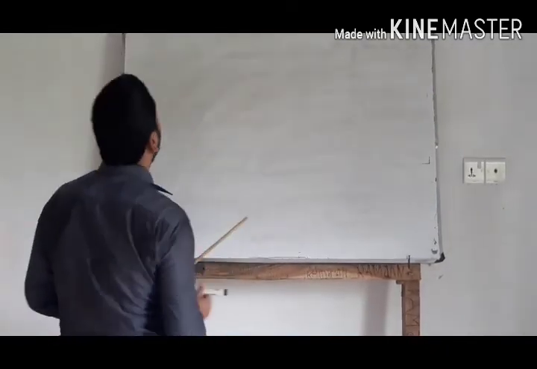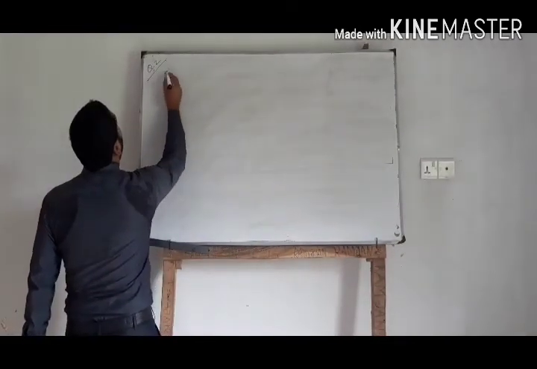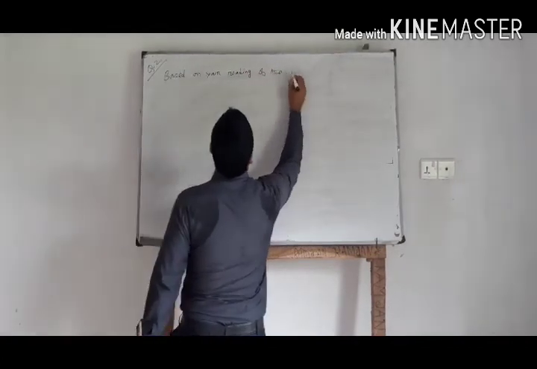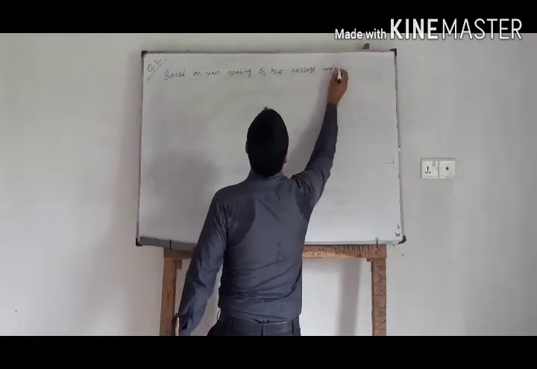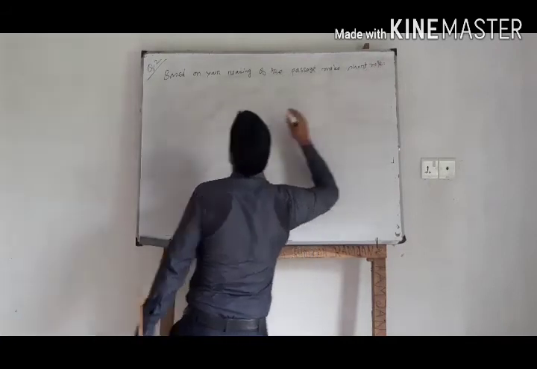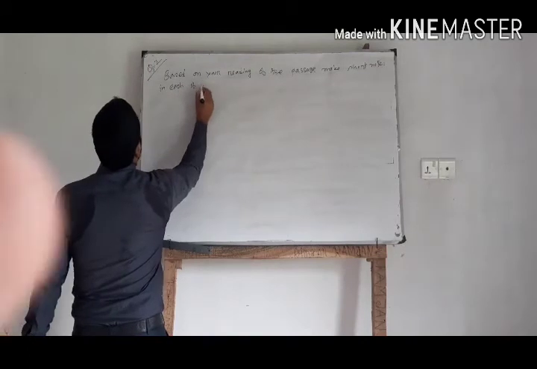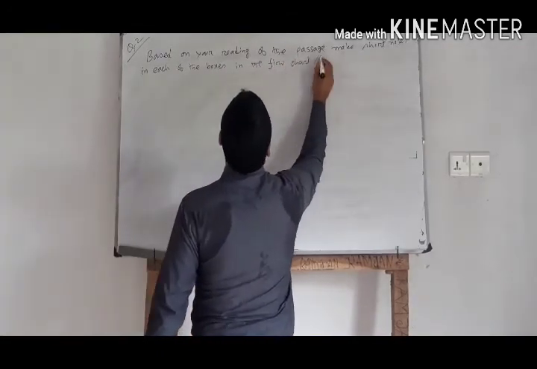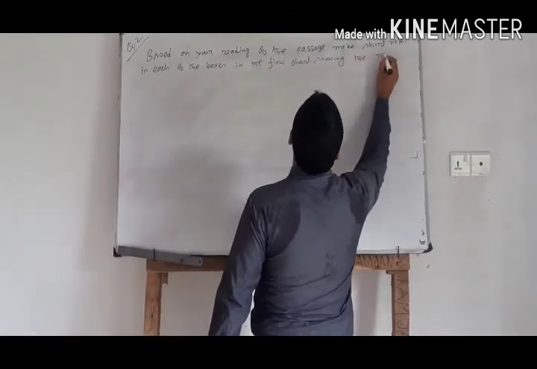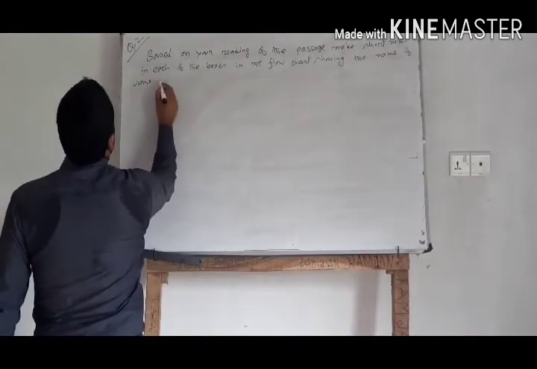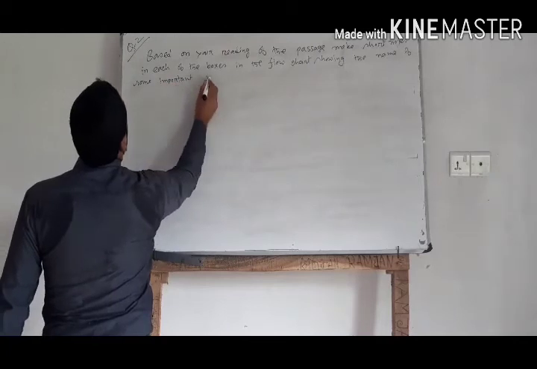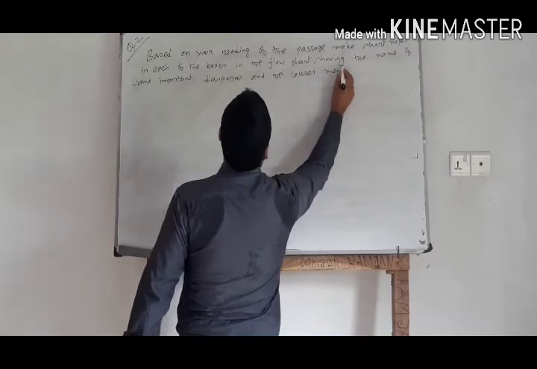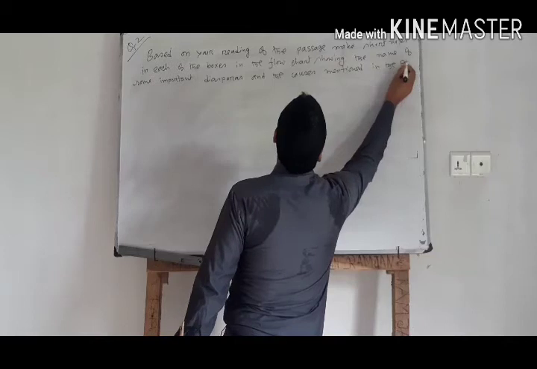Now we'll be introduced to the flowchart. Follow the question. Based on your reading of the passage, make short notes in each of the boxes in the flow chart showing the name of some important diasporas and the causes mentioned in the passage.